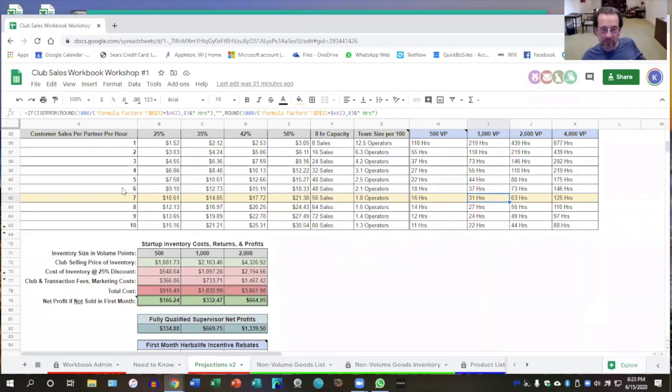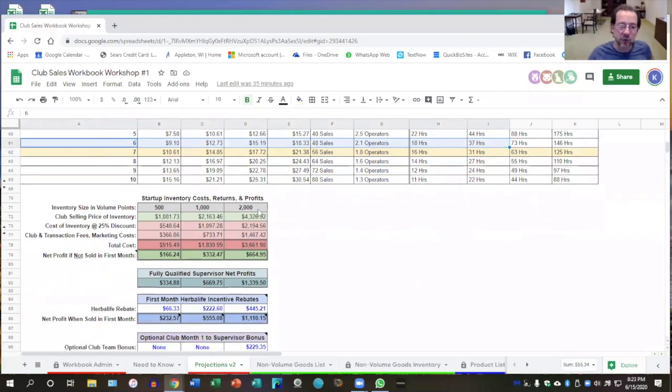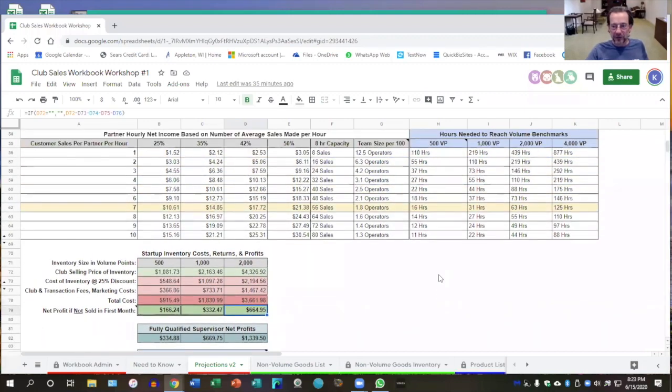Depends on how many you sell an hour. So you guys want to look at that. And then here's the one that qualifies you for supervisor. If you sell it at 25%, you're going to make $664. And it would take you 63 hours to sell it.